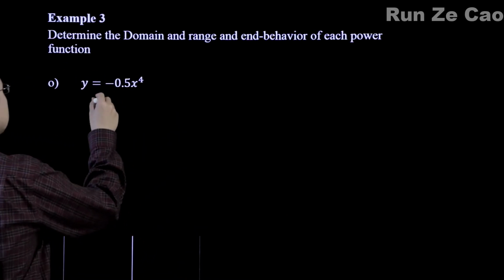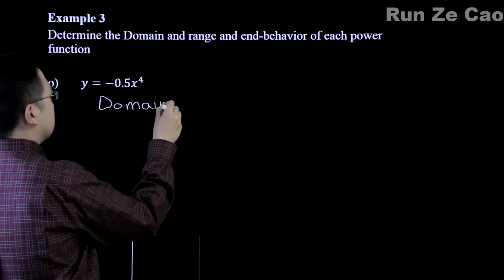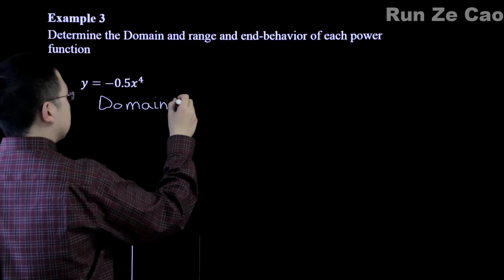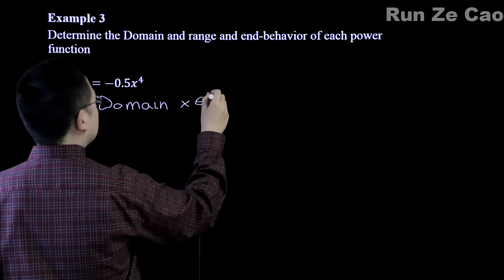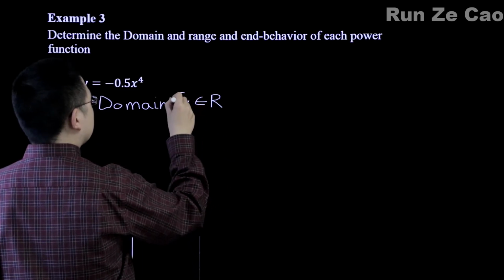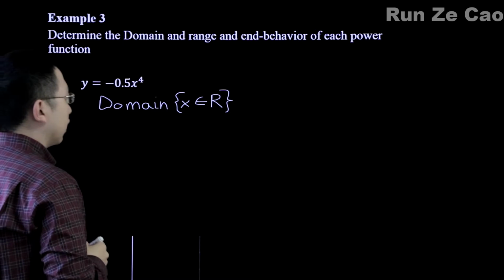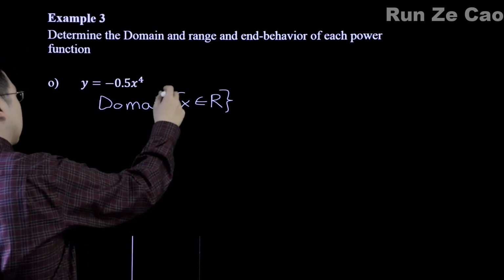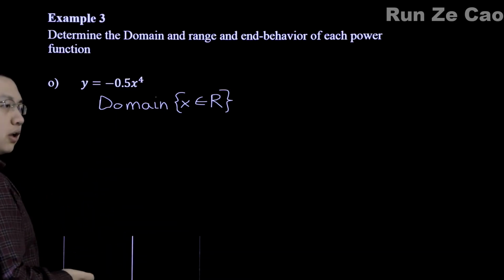We just say domain is x is an element of the real numbers. Or, well, with set notation, we write this. Some places let you get away without the set brackets. So the domain is x is an element of the real numbers.